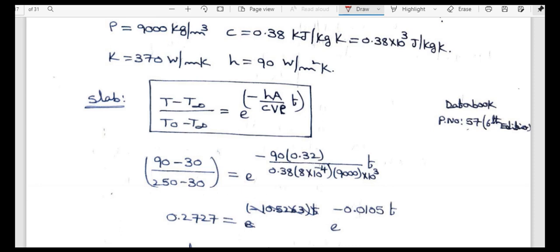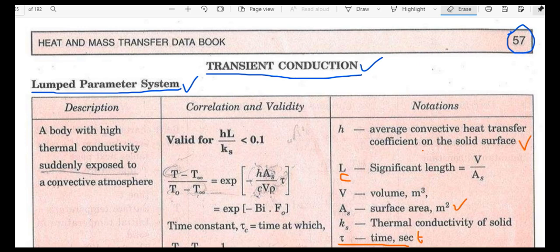First of all, we have to calculate whether hLc by k is less than 0.1 or not. In case the hLc by k value is less than 0.1, we can consider it as a lumped parameter system, or otherwise you have to take another formula for the case where hLc by k is greater than 0.1.